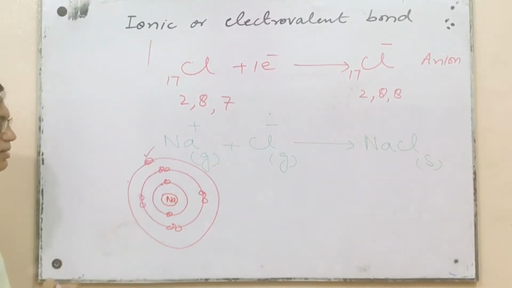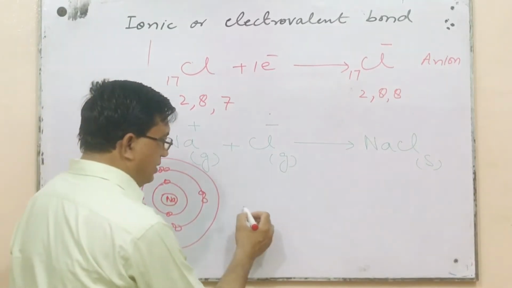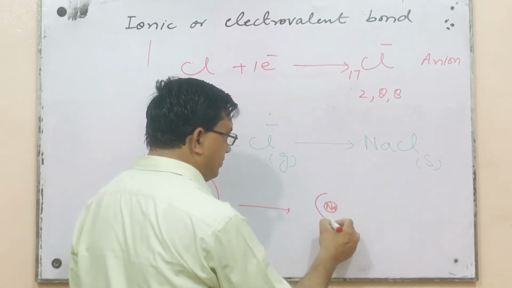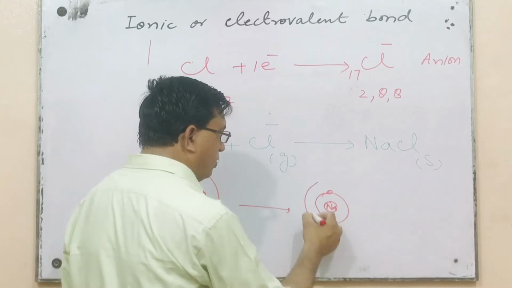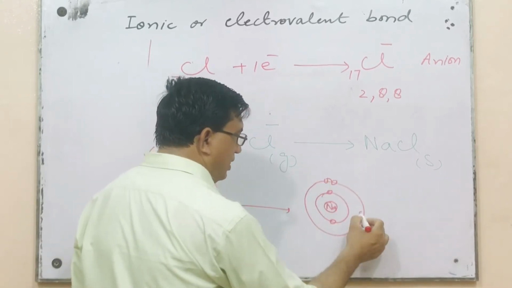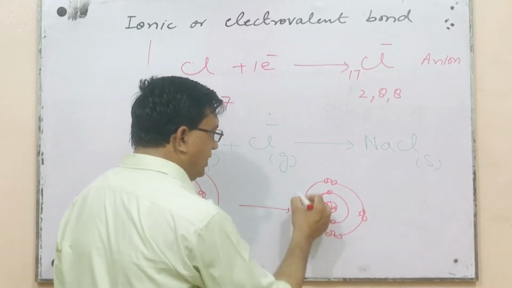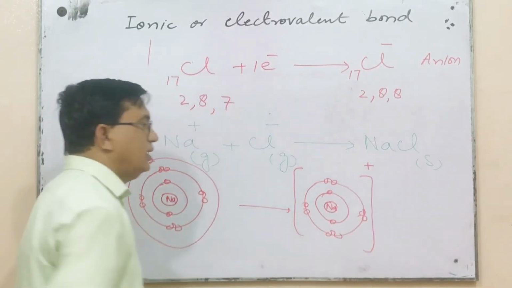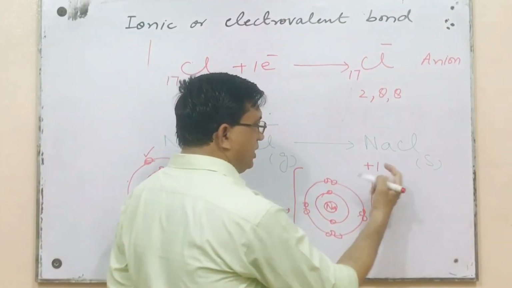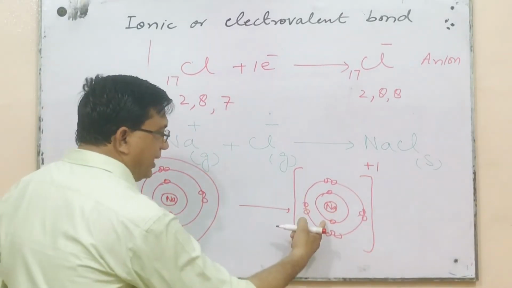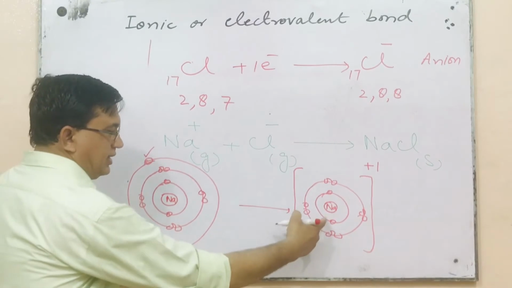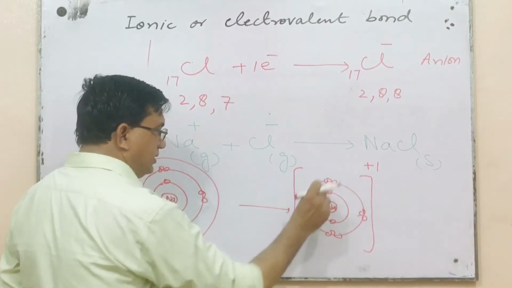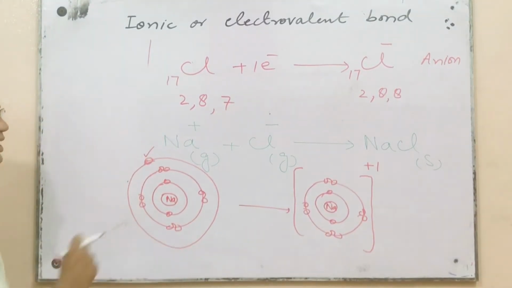When this electron is lost, then this will become just like this. First shell contains 2 electrons, and the last shell will contain 8 electrons, and this will be represented as just like this, +1. Now this +1 charge is indicating that 1 electron has been lost from this species. This is sodium ion, this is sodium atom.